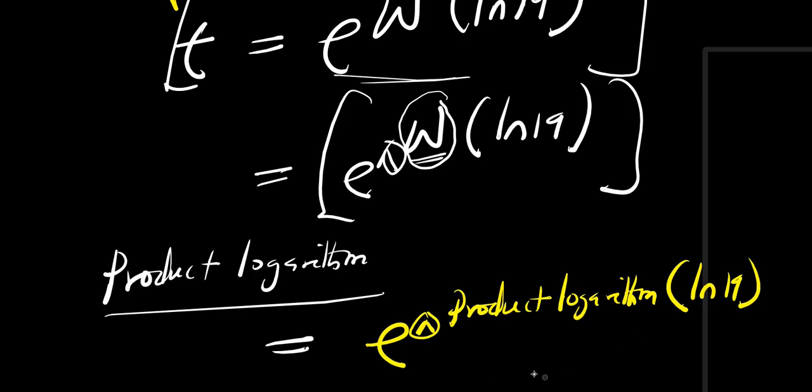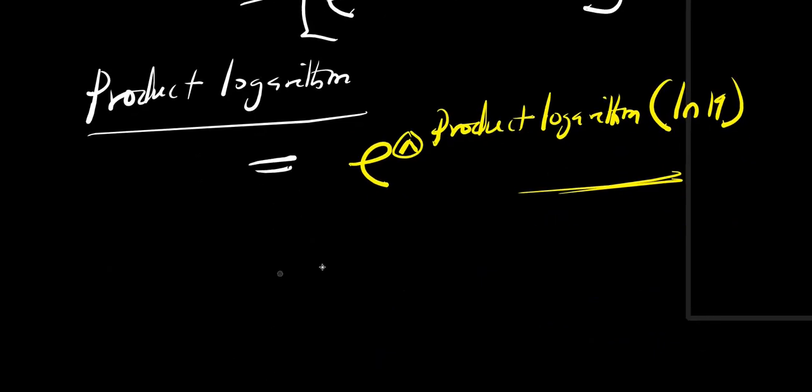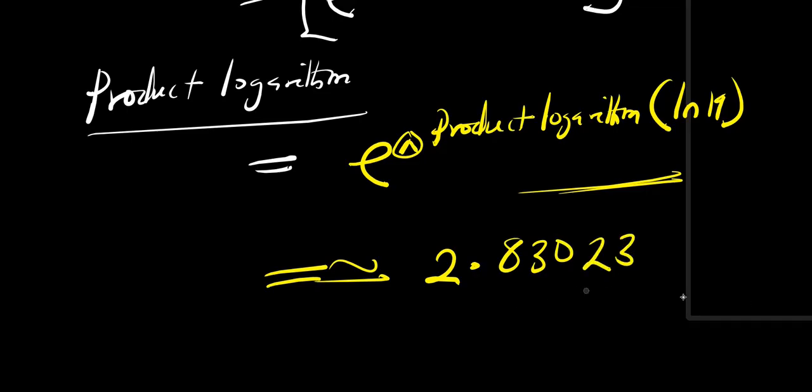And once you type this into your calculator, you have some decimal values, and that will give you the value of t that satisfies this equation. And when I did that, I got approximately 2.83023 to 5 decimal places.